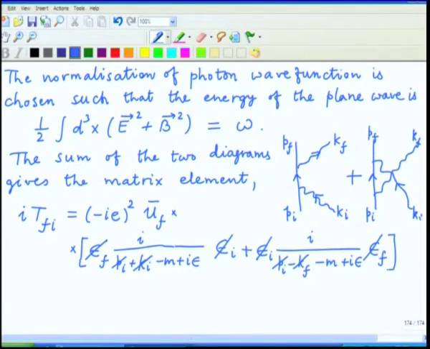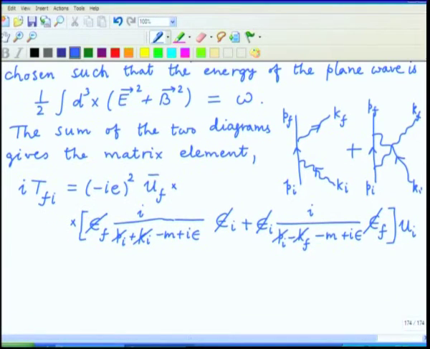So, that now gives the sum of the two diagrams, and then the last wave function, the electron, which is u i. So, this is the structure which emerges after using all the Feynman rules, and it gives the matrix element. We of course have to use all the normalizations for the various wave functions and fluxes when we convert this to the cross section, but that will be done in the next step.